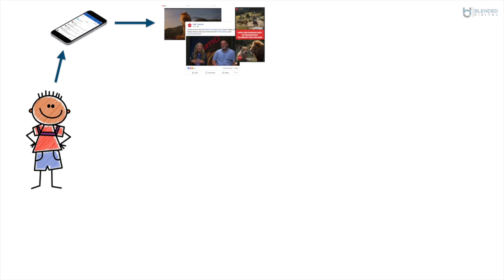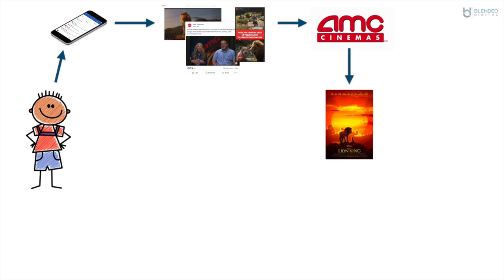So now he's entered the awareness stage and he's seen what's out there. He's noticed that The Lion King is playing that weekend. Then he recognizes that the theater AMC was the one he saw advertising The Lion King. So either he Googles them and finds AMC theaters, or he clicks on one of the ads that takes him through to AMC theaters, and then he looks for the availability to go and see The Lion King that weekend.